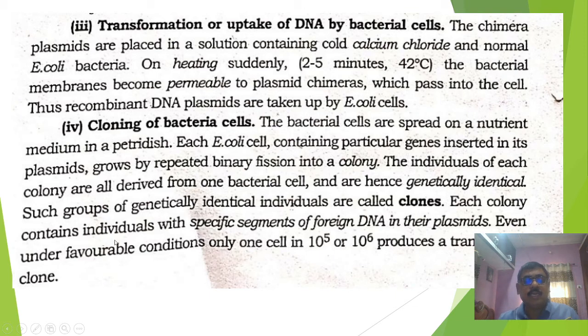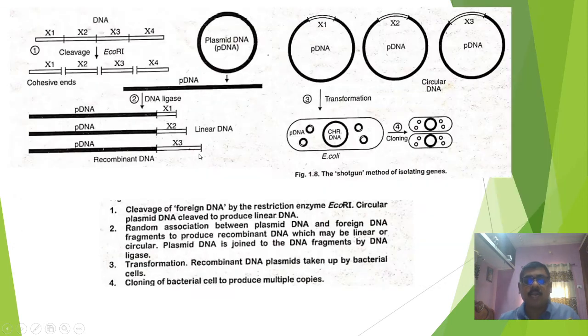Each colony contains individuals with specific segments of foreign DNA in their plasmids. Under favorable conditions, only a single cell in 10 raised to power 5 to 10 raised to power 6 produces a transformed cell. This means the chances of transforming a cell are very low.